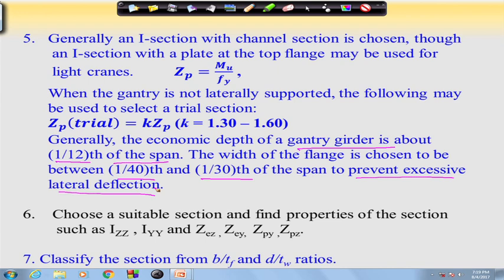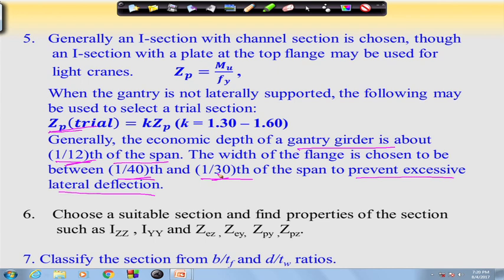So, apart from the ZP trial value, we also have to keep in mind that to get an economic depth, we should keep the depth around 1/12 of the span, and we should keep the flange width as 1/40 to 1/30 of the span.